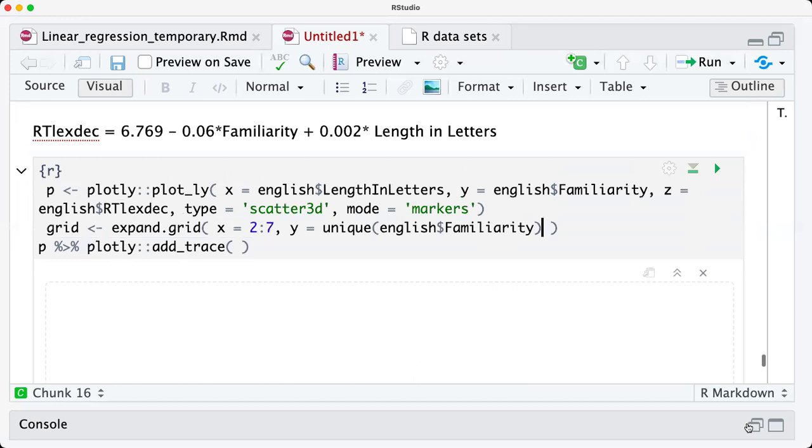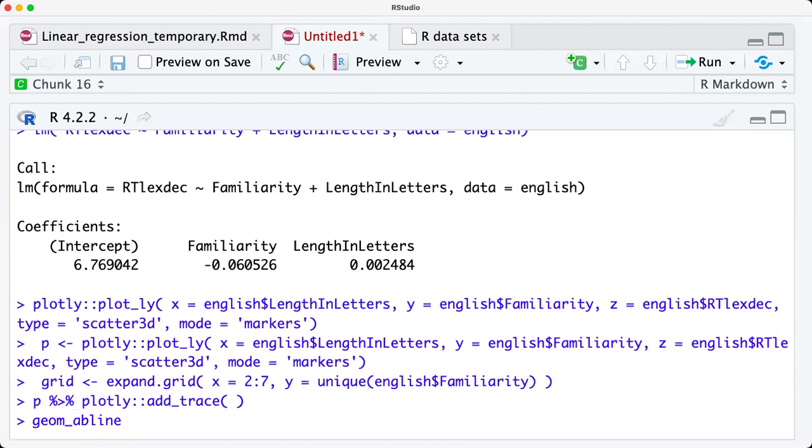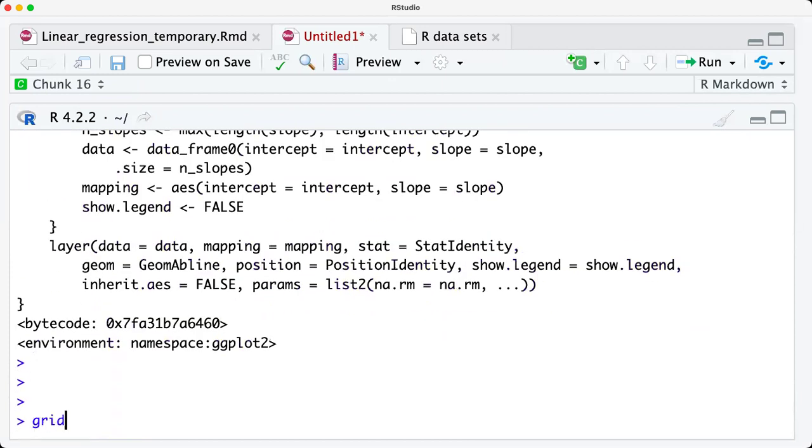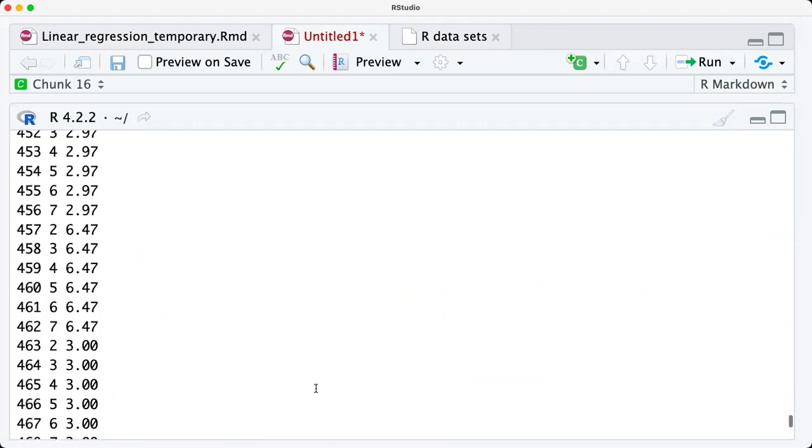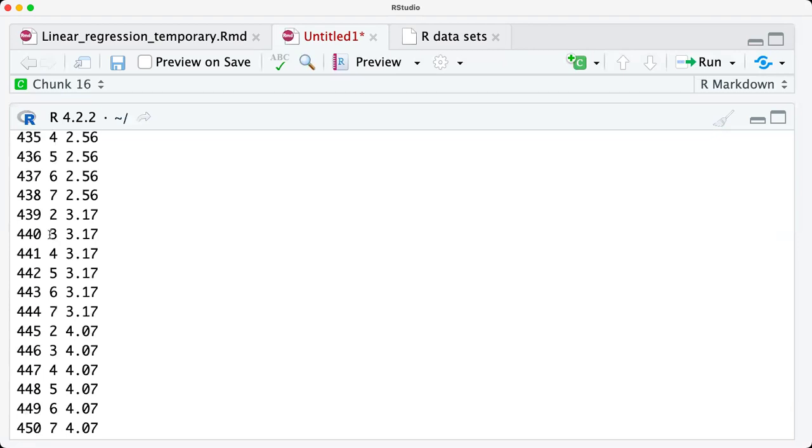Let's see this grid. The first column is made using the length in letters from 2 to 7, while the second one is made using the familiarity, and there are all the possible combinations.